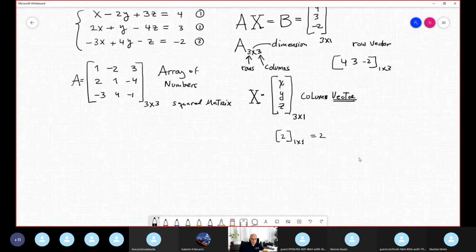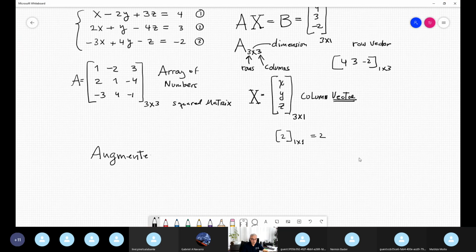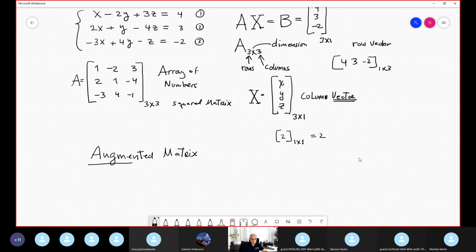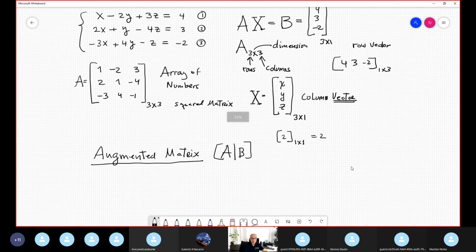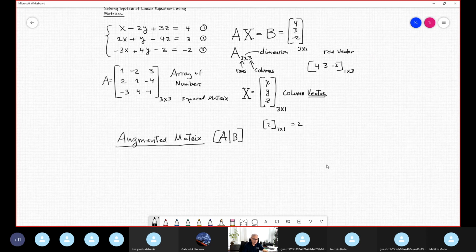We are working with a multi-dimensional object. Okay, that's it. Now we have another representation, the representation that we want to work with today, the augmented matrix. The augmented matrix is the combination of A and B together, separated by one line. This line discriminates the left-hand side and the right-hand side. So what is the augmented matrix in this specific example?